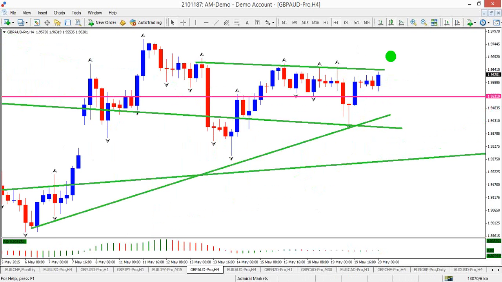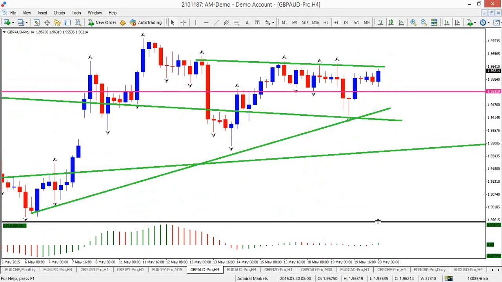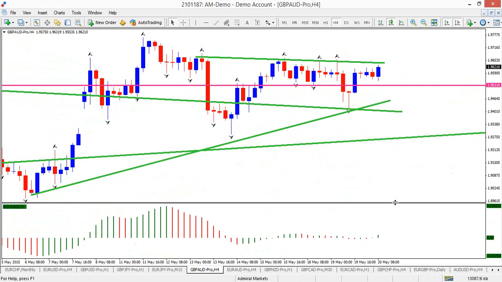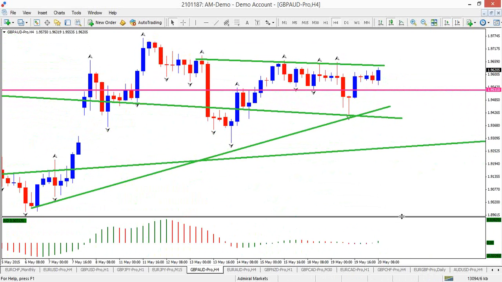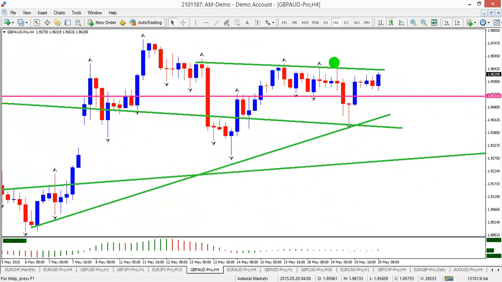The break to the upside, there are several ways we can tackle it. I don't know if it makes sense to mention all of them. Maybe I'll tell you which one seems the best one to me. Probably a 4-hour candle with a decent close, a decent 4-hour candle that is above this trend line, has a close above this resistance spot, and a close near the high as well.